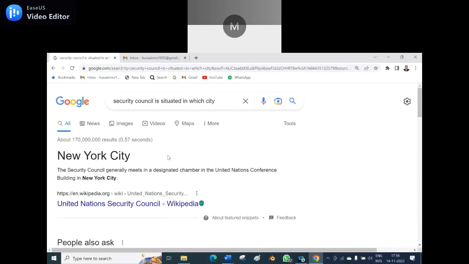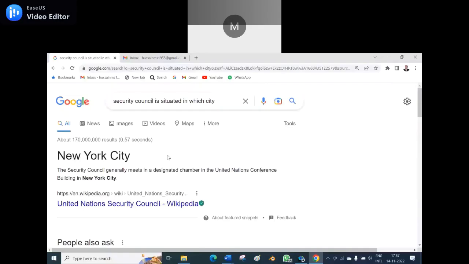Among the five or six organs, all organs of the United Nations are in New York. Only one organ is in a different country. What is that organ? If you know it, you tell me. If you don't know it, you say pass.